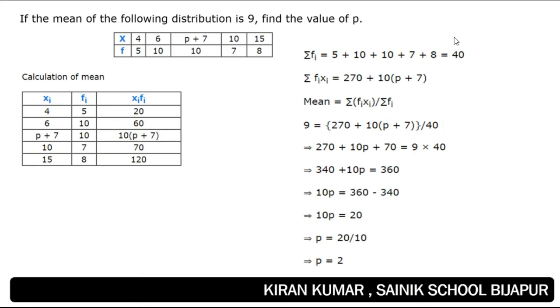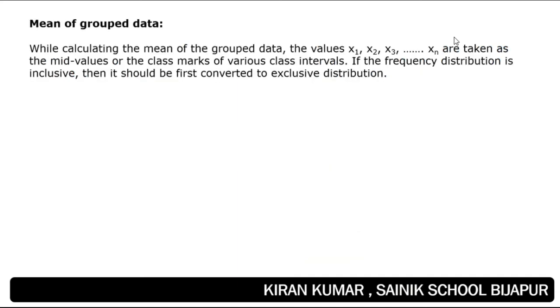So it's very easy to find the mean of the observations if it is ungrouped data. If we have grouped data, while calculating, we follow different methods.